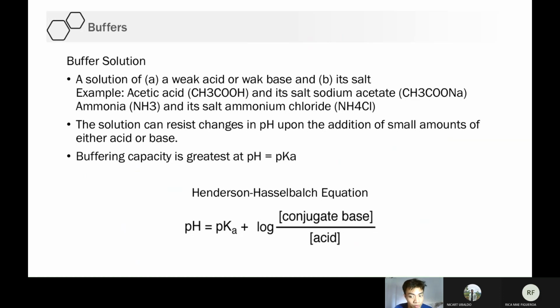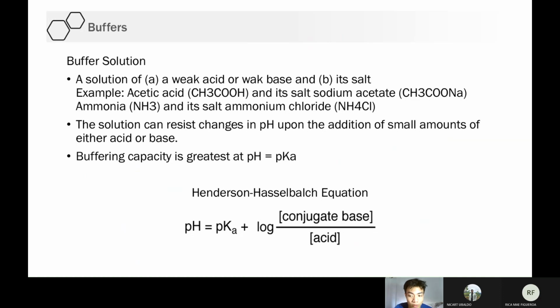Okay? So, yan. So, ano yung composition ng ating buffer solution? So, our buffer solution must contain the acid or yung base and its conjugate acid or base. Okay? So, kailangan may acid ka and the conjugate base. Or kung may base ka, kailangan may conjugate acid ka. Okay? Paano mo uli malalaman yung relationship ng acid sa conjugate base? Yung conjugate base, that is just a molecule with one less hydrogen. Okay?